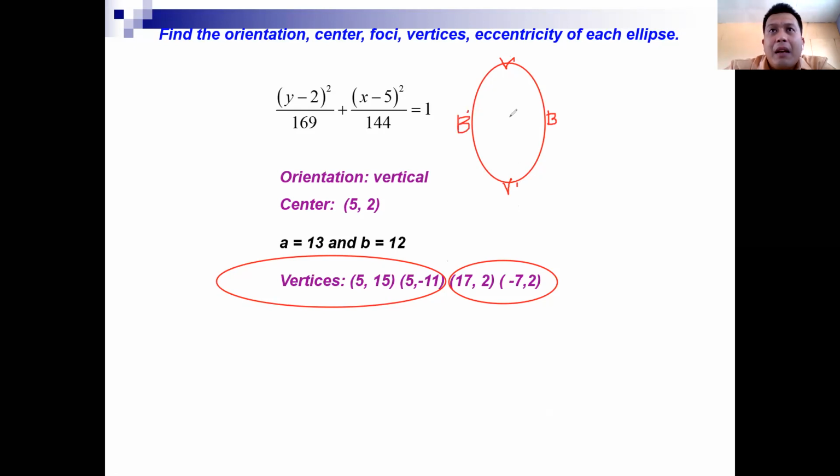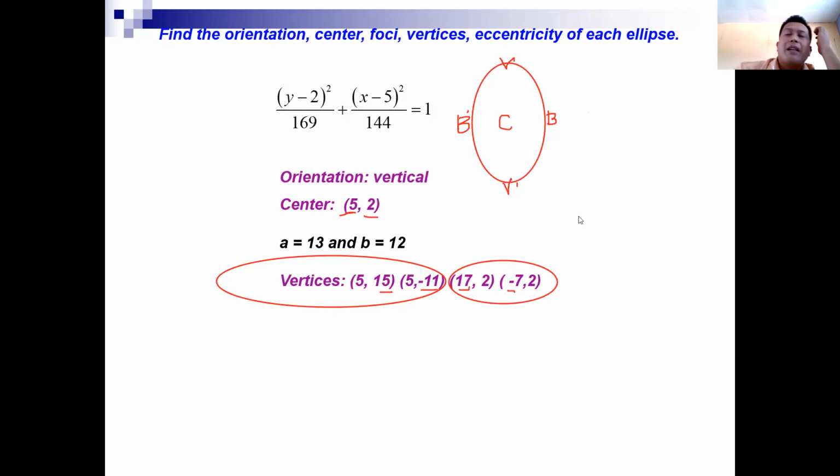So therefore, from the center, 13 units going up is the value of your vertex. So 2 plus 13 is 15. And then 13 units going down is the value of vertex prime. So 2 minus 13 is negative 11. Similarly, plotting the intercepts going to the right, you have 5 plus 12 is 17, and 5 minus 12 is negative 7. So those are the intercepts.